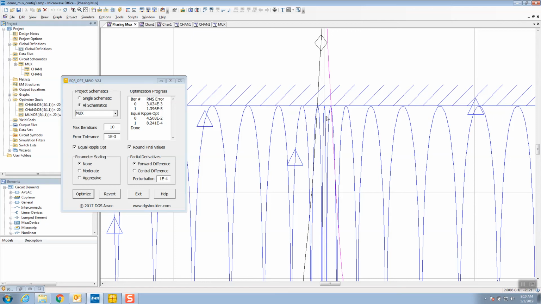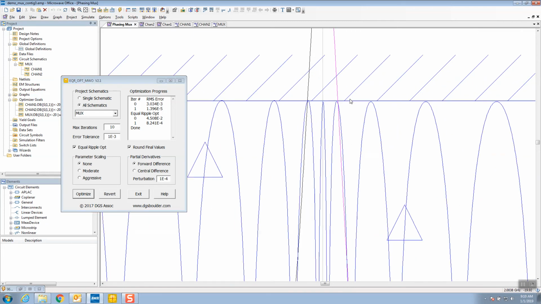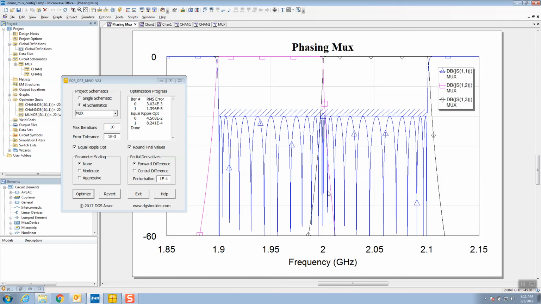And notice it's equal ripple return loss right through the crossover region. And this is only possible by adjusting the band edge frequencies here very, very carefully. There's actually a spurious solution here where this will look correct, but there's some problems in the transmission of both filters up here.